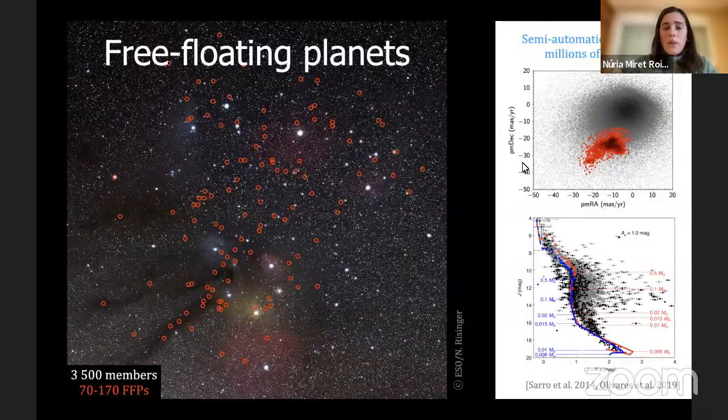But this fraction may be different if we focus on a cluster which has a lot of very massive OB stars. So it's a bit hard to extrapolate the fraction that we see in this local bubble to the entire galaxy. So maybe here microlensing surveys for the moment will give you a better estimate.